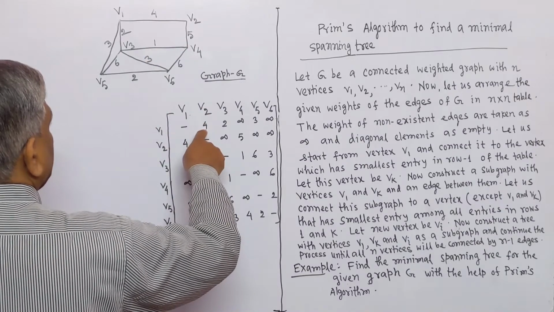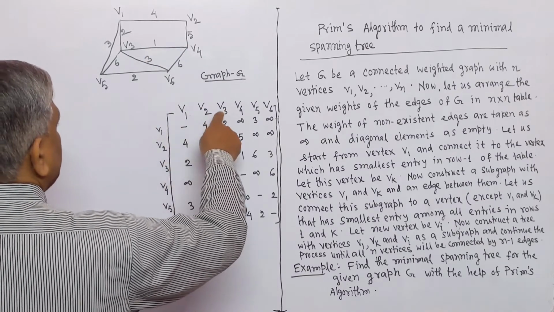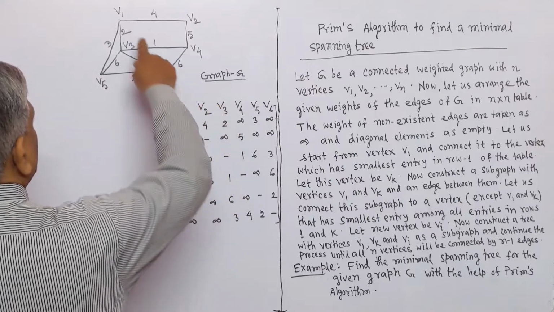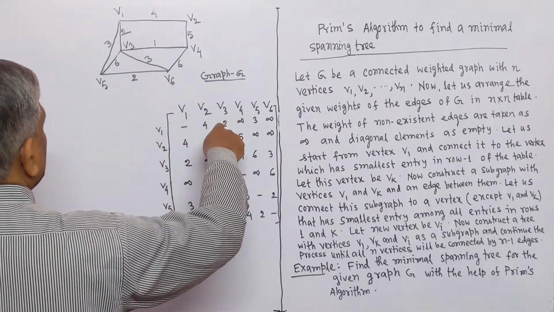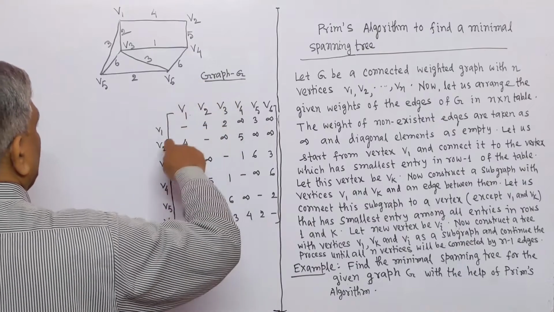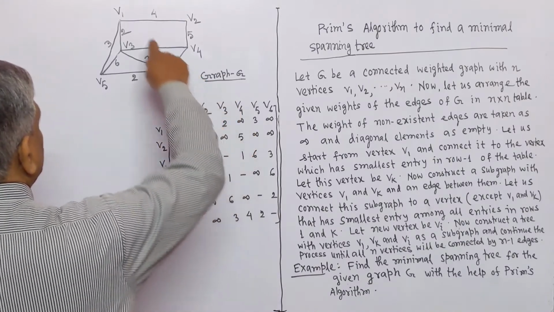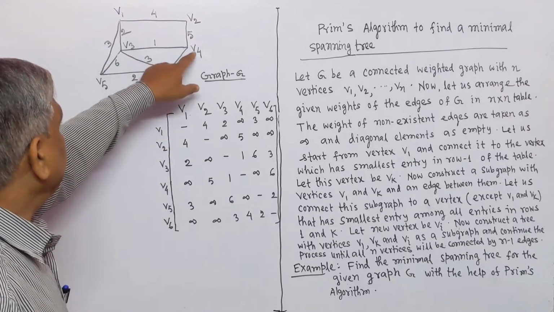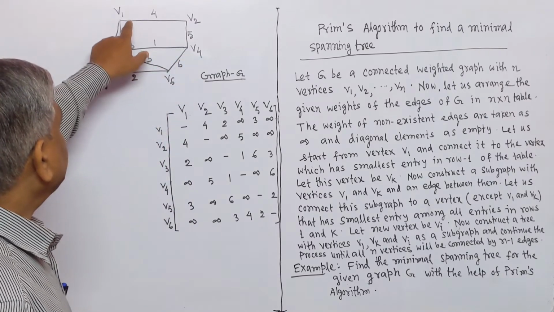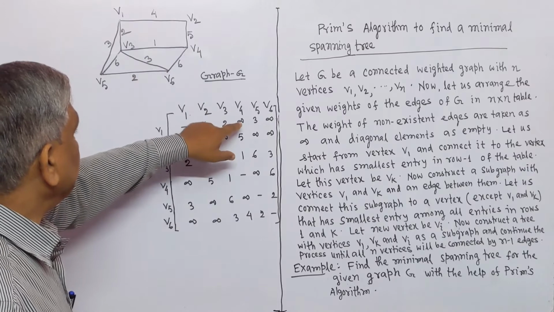We write here 4. Now V1, V3 edge. The weight of this edge is 2. Now V1, V4 edge. There is no single edge between V1 and V4, so we write the weight of this edge as infinity.